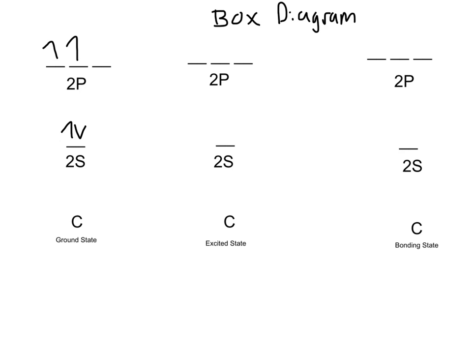So in order to fix this issue, we're going to promote 1 electron from the 2s orbital and bring it in to the 2p orbital on top. And in this state, the carbon is in an excited state. So now that we have promoted 1 electron to the 2p orbital, every slot has been filled.